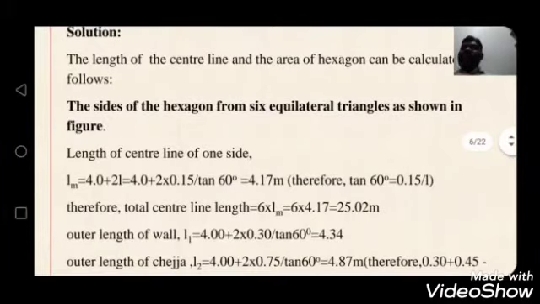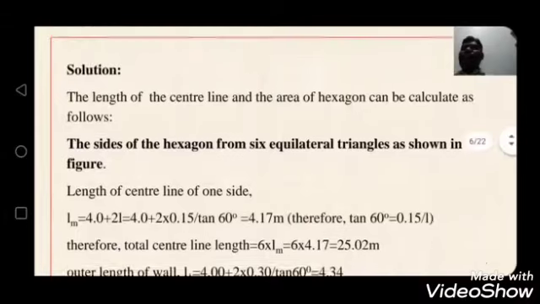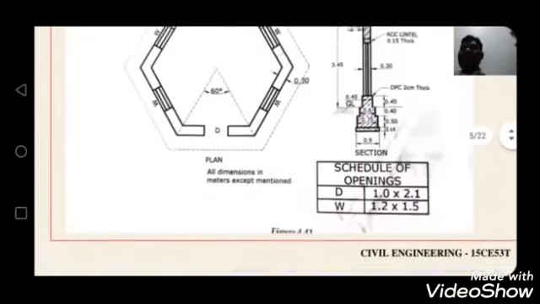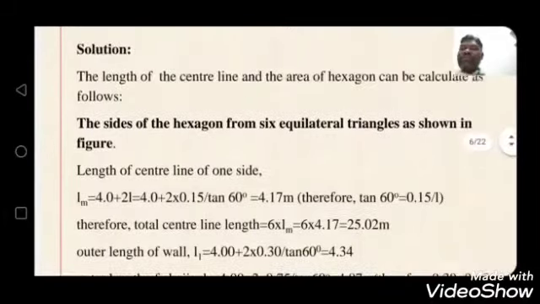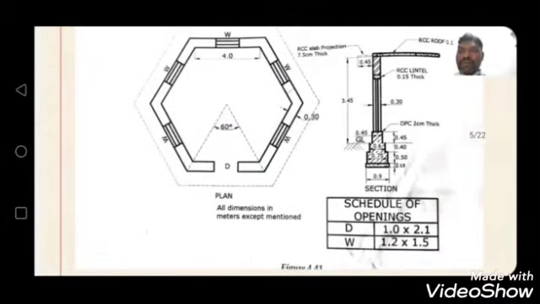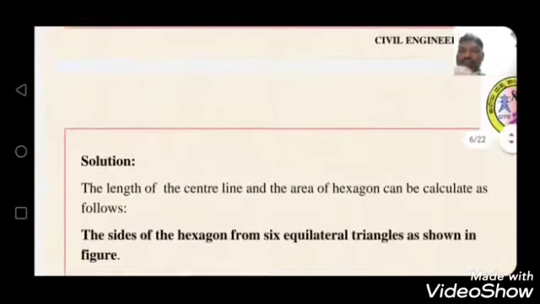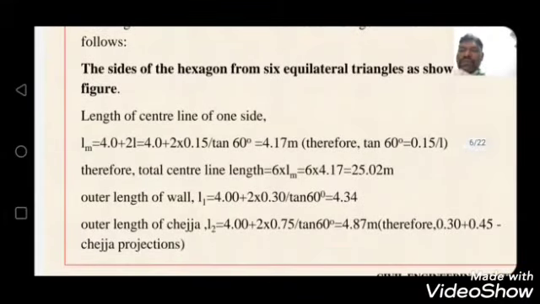Length of center line of one side, L mean, is equal to 4 meter plus 2 into 0.15 divided by tan 60 degree, which is equal to 4.17 meter. Here tan 60 degree is equal to 1.73.